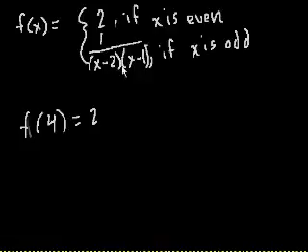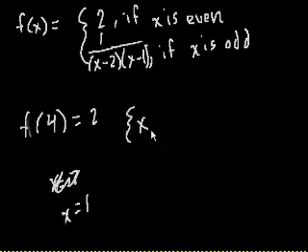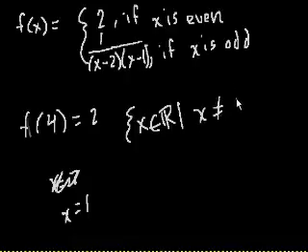Well, when the denominator is 0. Well, the denominator is 0 when x is equal to 2 or x is equal to 1, right? But this clause only applies when x is odd. So x is equal to 2 won't apply to this clause. So only x is equal to 1 would apply to this clause. So the domain is x is a member of the reals such that x does not equal 1.